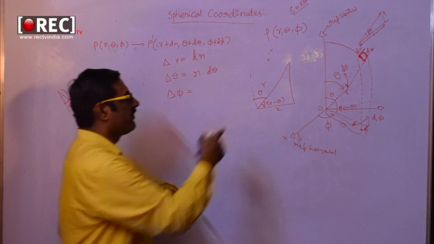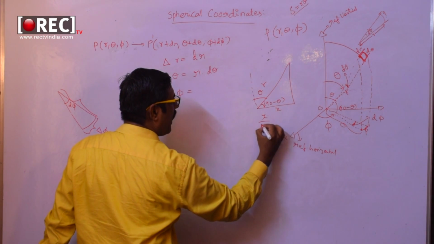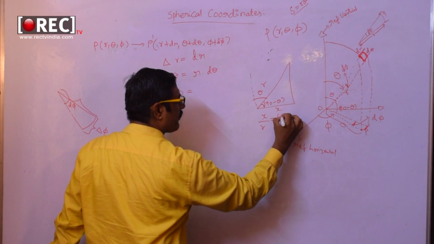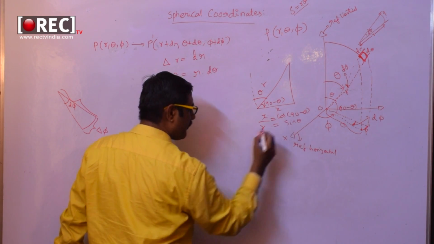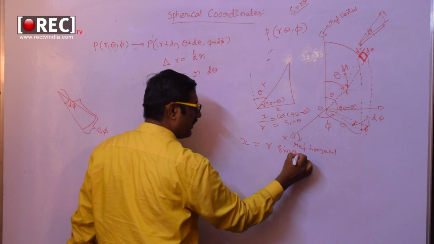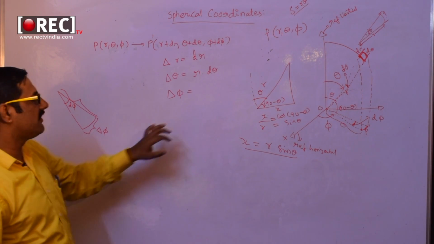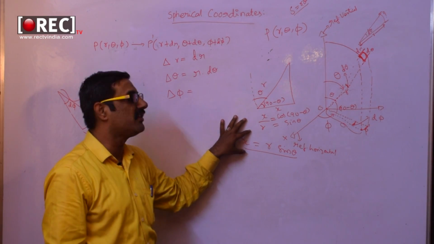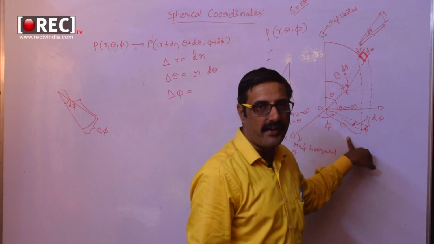Now from this triangle I can say that x by r is cos of 90 minus theta, or of course sin theta. So x is r into sin theta. This is a very important relation, because I want the projection x onto the horizontal plane for determining the incremental length in phi direction.